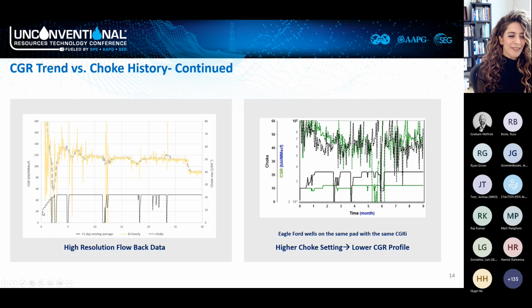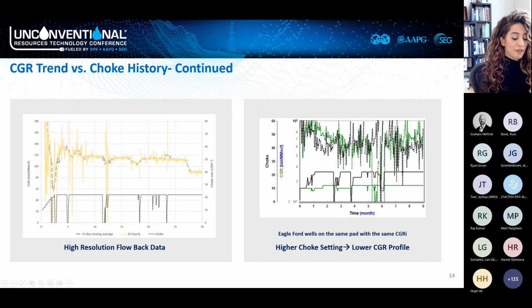But you can see that for the first 2 days, as the choke ramps up to its target size, during those 2 days of consistent increase in choke size, we can see an almost linear decrease in CGR. And as soon as the choke stabilizes, again, we're having an almost constant CGR.